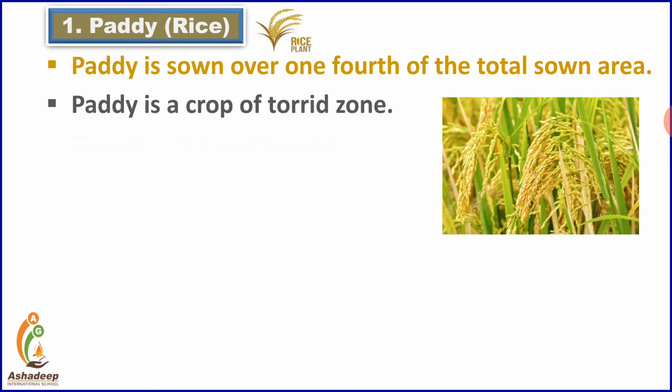It is a crop of the torrid zone where you are getting a good amount of heat. At the same time, you are also getting a good amount of rainfall. In such an area, the paddy can be grown. Climate, as I told you, requires a good amount of hot climate. At the same time, a humid environment is also needed.